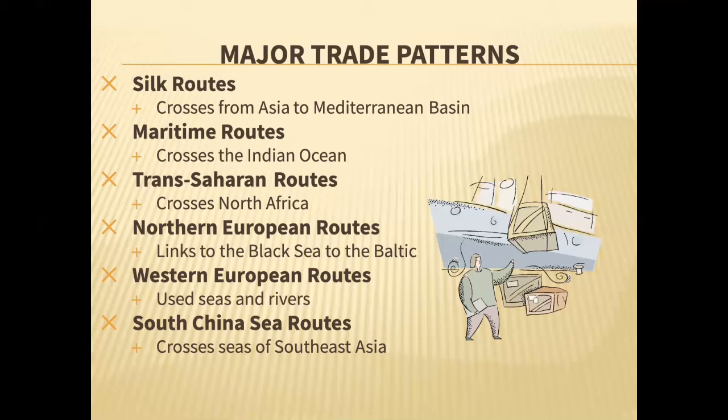The Trans-Saharan route, also known as the Gold and Salt route, crosses through North Africa. They mainly traded gold and salt through this route, but many other things were passed through, like textiles. Northern European routes link the Black Sea to the Baltic. And then the Western European route, again, used seas and rivers.